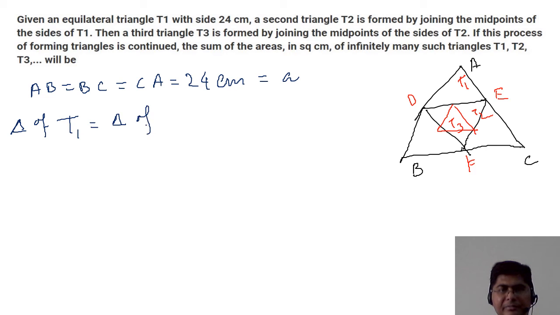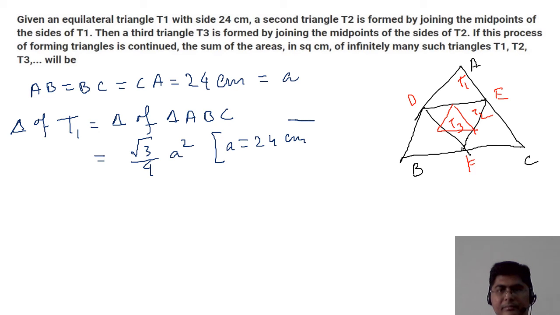Now, area of T1 means how much? Area of triangle ABC. So we can write it down as root 3 by 4 A square, where A is equal to 24 centimeter. Now the second thing is area of T2. Look at what is the area of T2.